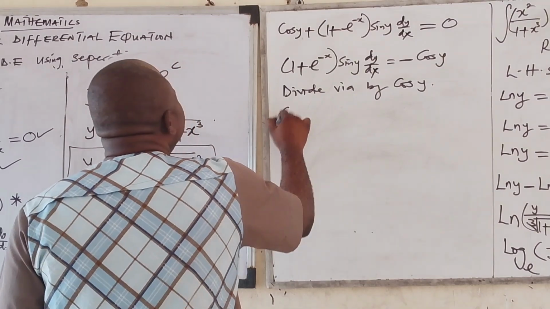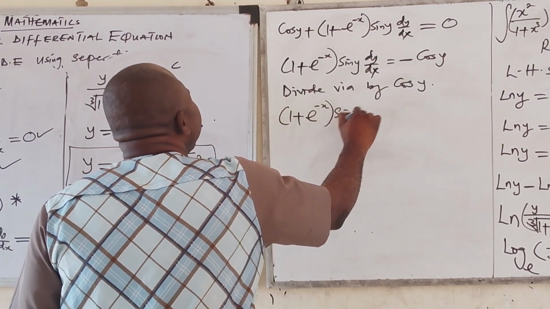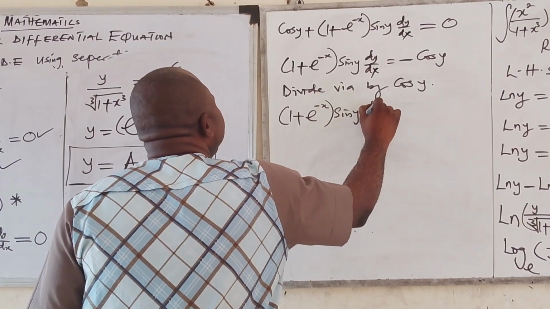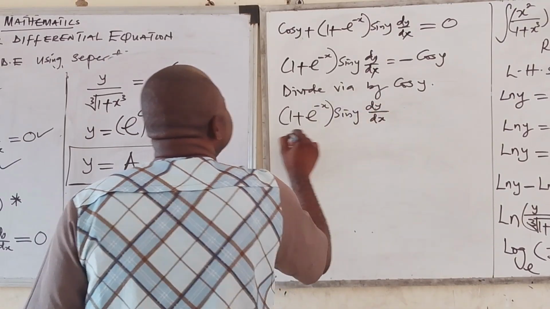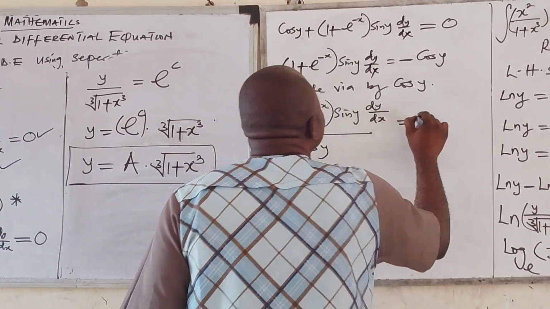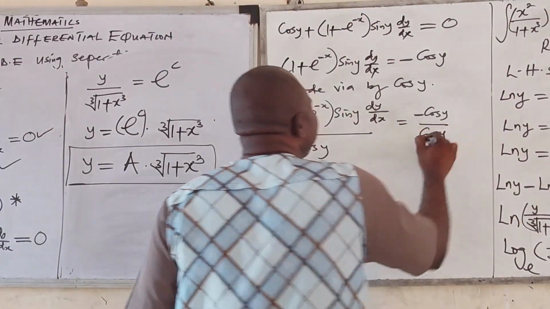So it means we have 1 plus e power minus x, sine y dy all over dx, divided by cos y is equal to minus cos y all over cos y.